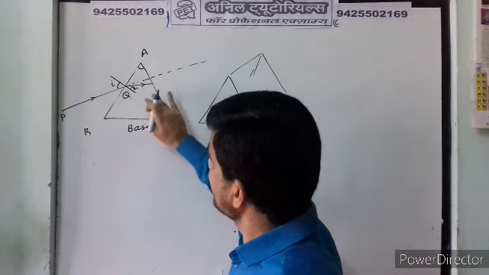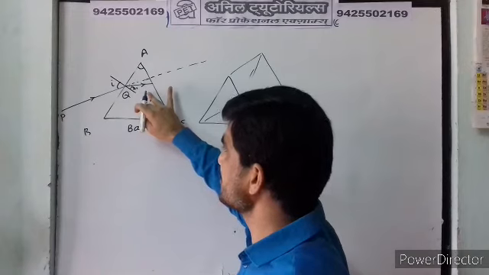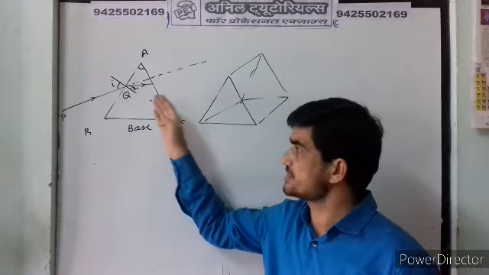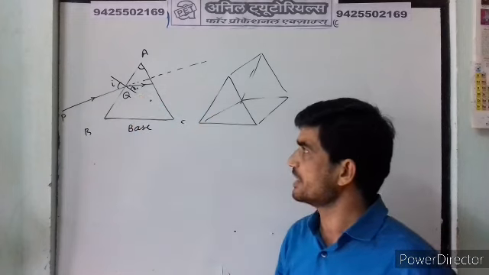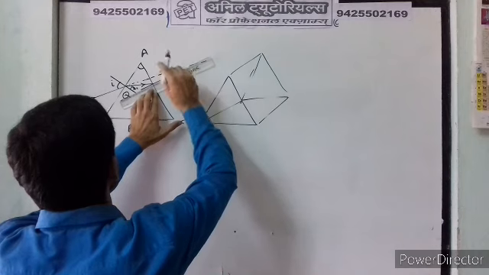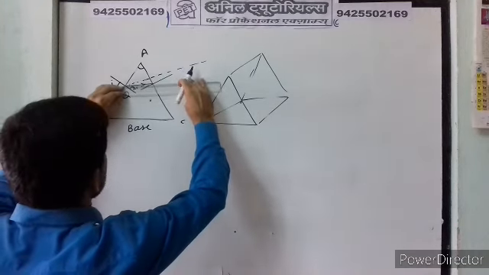Now the ray will suffer refraction one more time, since it's coming from denser medium to rarer medium. Then what will happen? So it moves away from the normal.